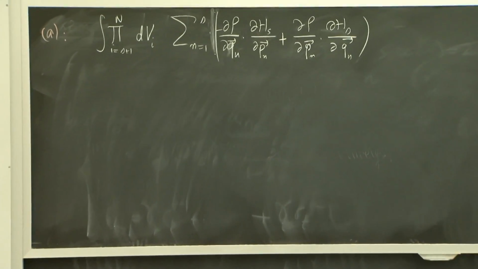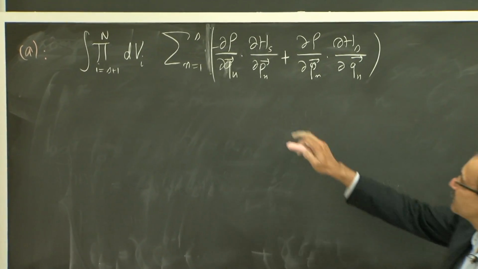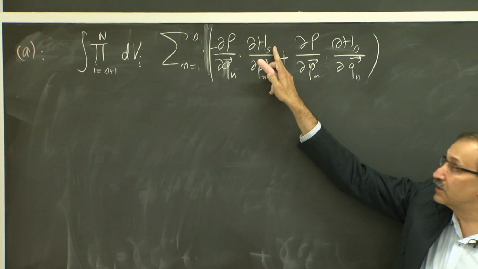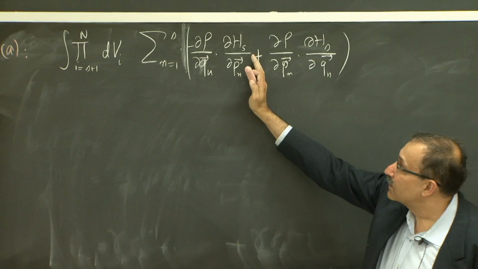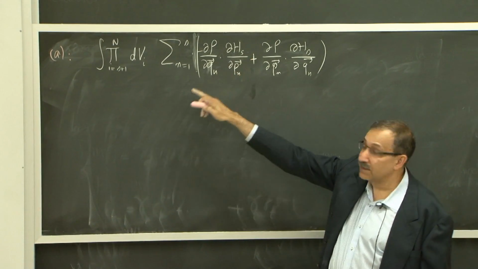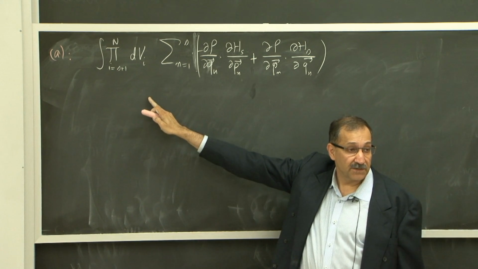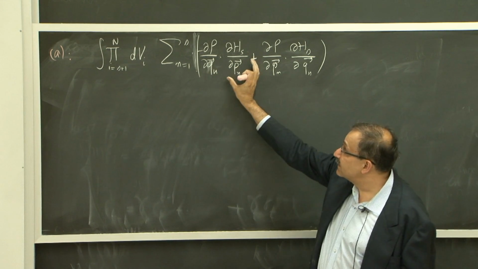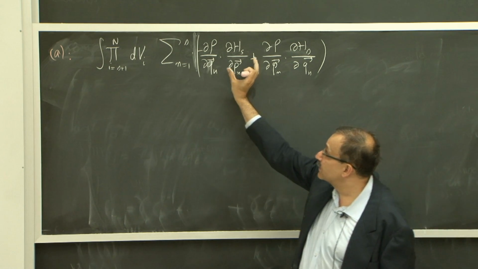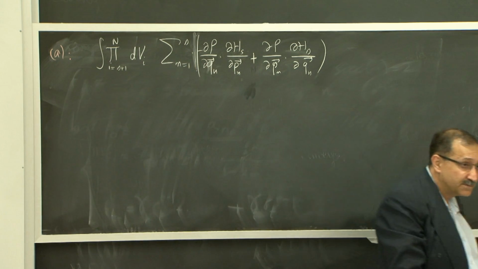Okay. Now note that these derivatives and the operations that involve hs involve coordinates that are not appearing in the integration process. So I can take these entities that do not depend on variables that are part of the integration outside the integration.